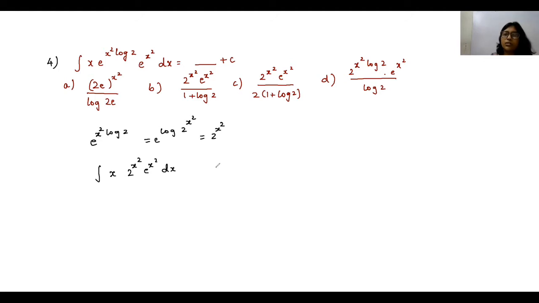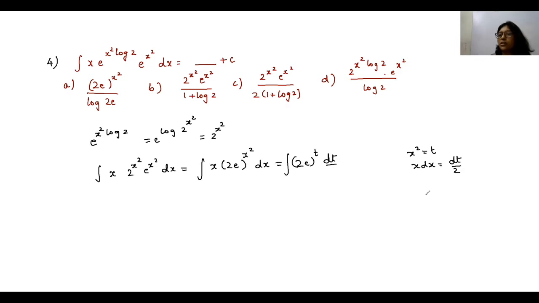So let's take 2 e raised to x square dx. And if we put x square as t, then x dx will become dt by 2. So that is 2 e raised to t dt by 2.